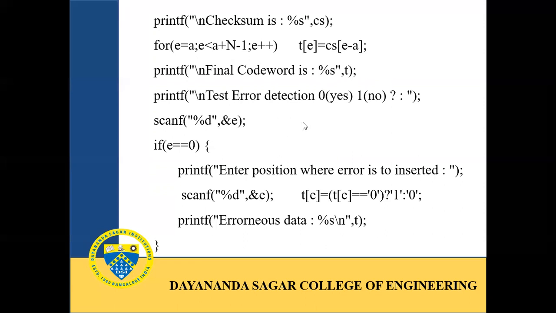Now, to check whether an error is there or not, first we'll give an option to the user to add some error or not. So if the user says yes, then we'll change one of these bits. So based on the position, the bit is changed and the error is added.